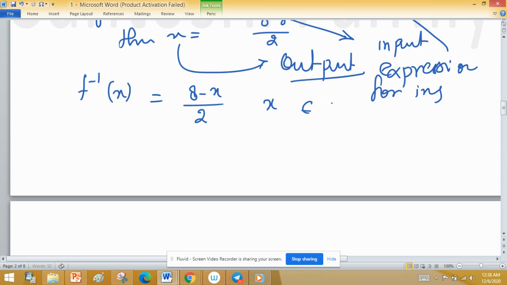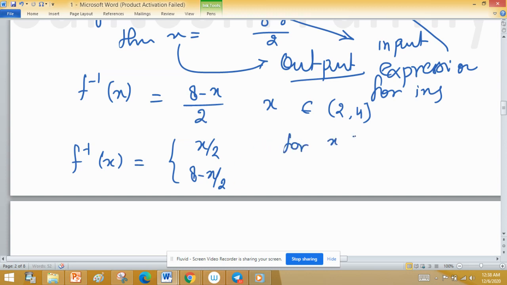So x is coming from 2 comma 4, and it is right closed. So finally f inverse you can write as x by 2 and 8 minus x by 2, when x is coming from the closed interval 0 comma 2, and this is for x coming from the semi-open interval 2 comma 4.